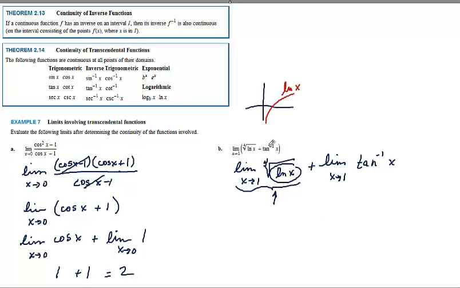I thought it best to get a little natural log graph up here. The natural log is actually continuous from 0 on up to infinity, not including that endpoint. So natural log would be continuous from 0 to infinity. However, it's underneath the 4th root, so that would exclude all of these points. So this guy would be at 1. The limit is going to then indeed be that function value.